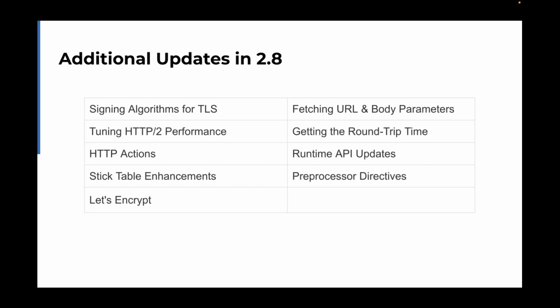There are two new preprocessor functions to help you do your configuration based on conditional logic. And finally, there's a new integration with Let's Encrypt acme.sh to enable populating TLS certs in HAProxy. This is a pretty exciting update, so we will publish a separate blog post soon on how to configure this integration.